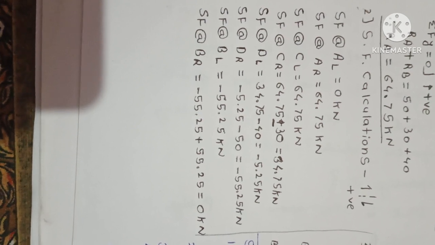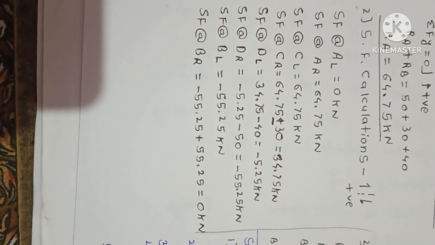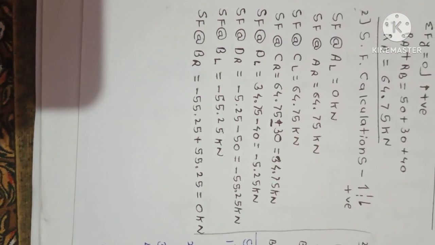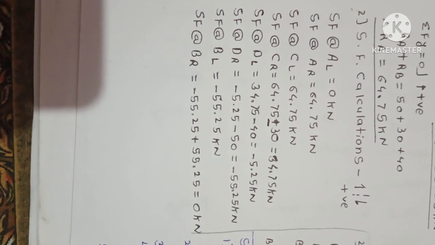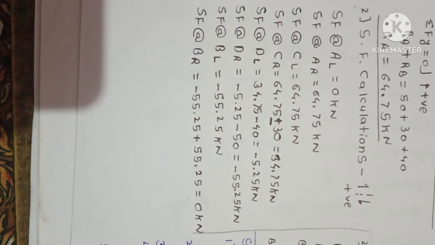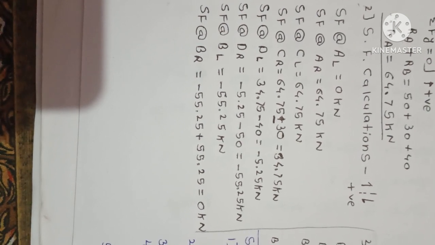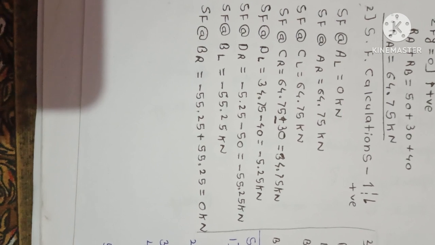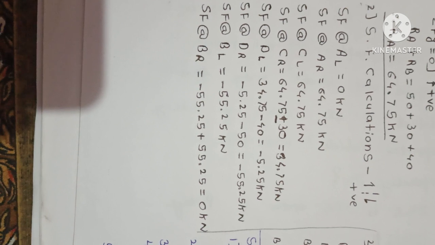Step 3. After calculation of the support reactions, calculate the shear force at points A, B, C and D. You see that the shear forces are: 1. Shear force at A left is 0 kilonewtons. 2. Shear force at A right, which is the support reaction at A, is 64.75 kilonewtons. 3. Shear force at C left is also 64.75 kilonewtons. 4.